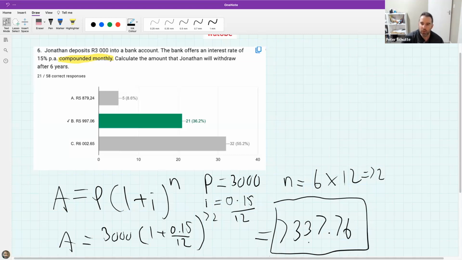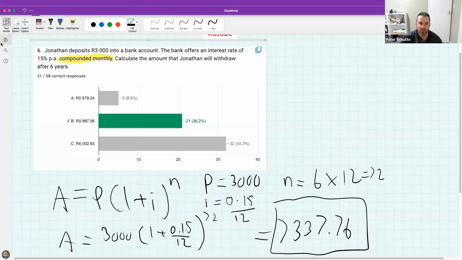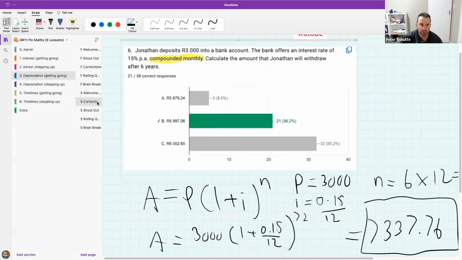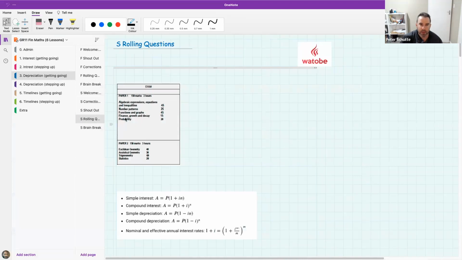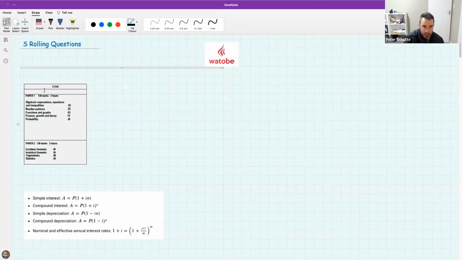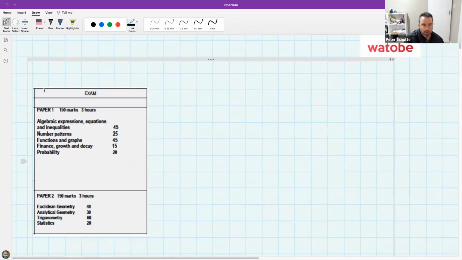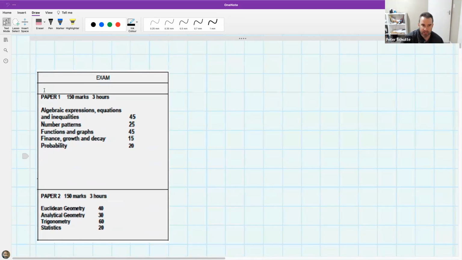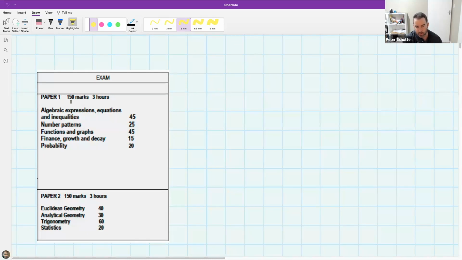All right, so then let's get on to today's main topic, which is depreciation. Actually, no, before we even do that, I just want to show you where finance, growth, and decay sits in the overall curriculum. If you look at your maths in grade 11, there's paper 1 and paper 2.